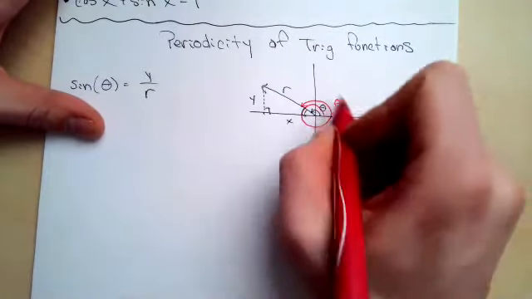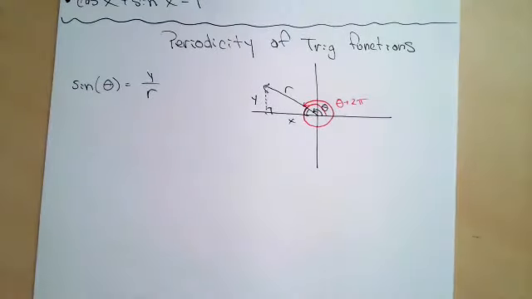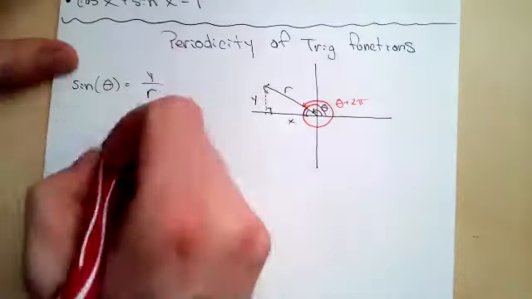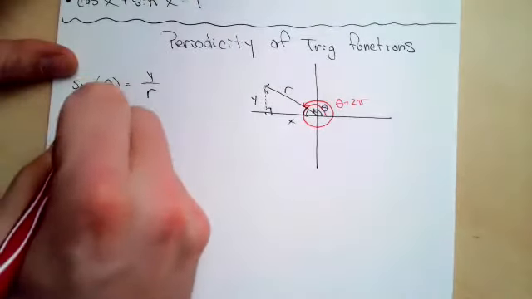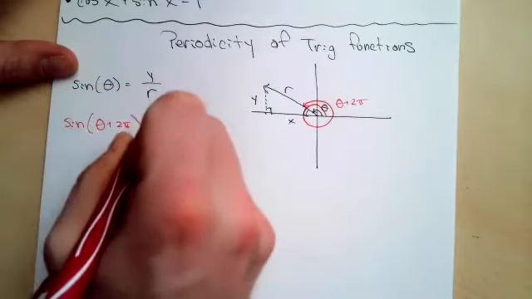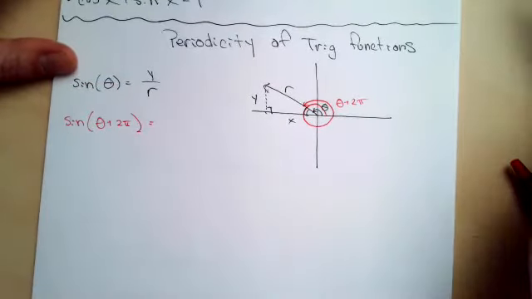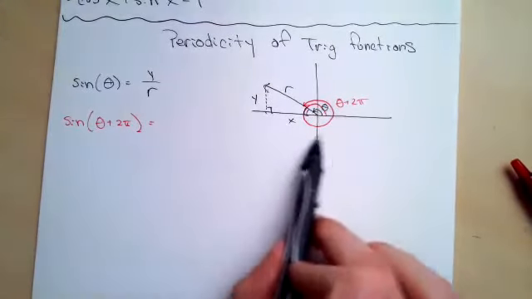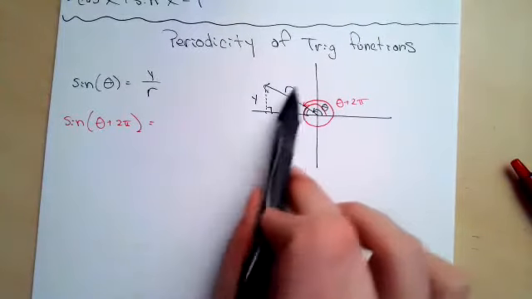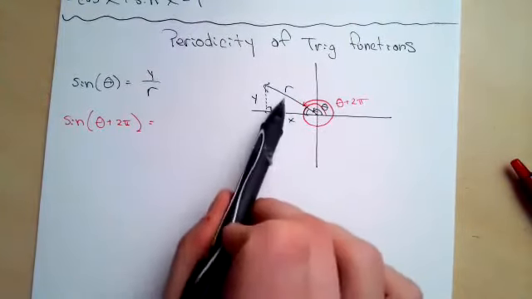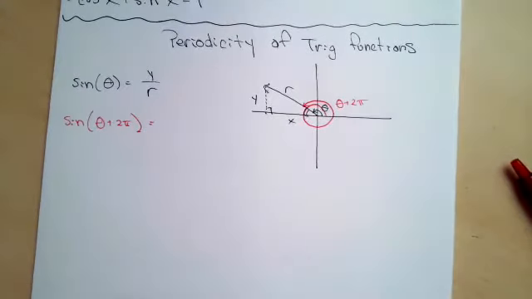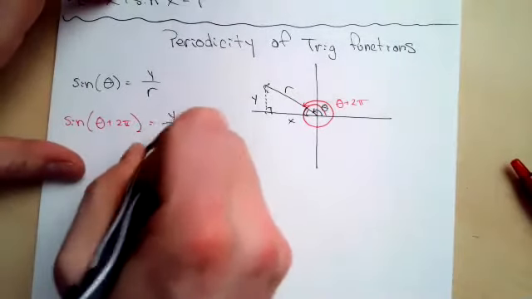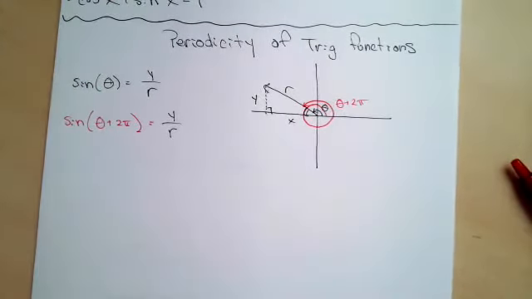We added 2 pi radians to that by going all the way around. And so if we wanted to compute sine of theta plus 2 pi, what do we get? Well, the process is the same. It doesn't matter how many times the clock hand wraps around the circle. All that really matters is its ending position and the reference angle that it makes with the x-axis. So we get the exact same value when we evaluate sine.